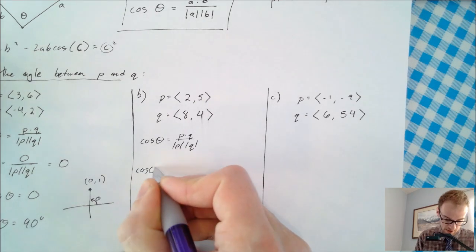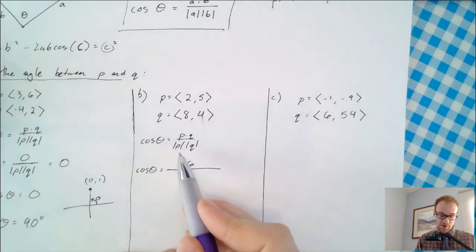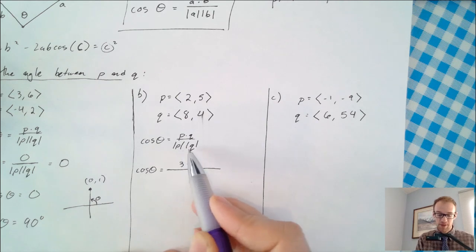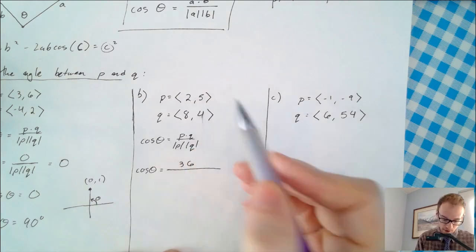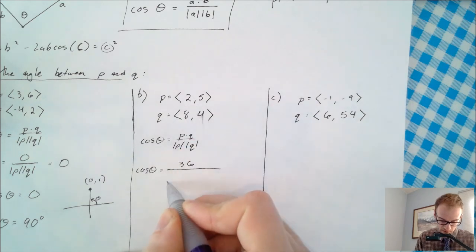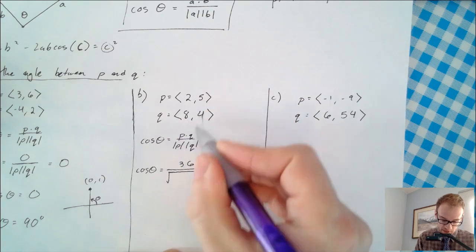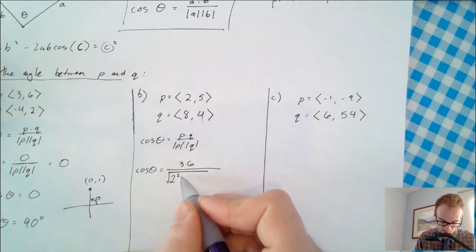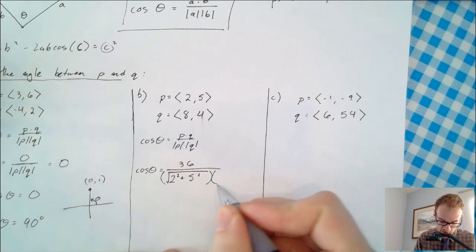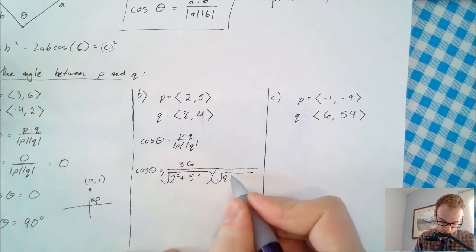So cosine of theta, P dot Q is 36 over, now we have to find the magnitude of P and the magnitude of Q. And if you remember how to find the magnitude of a vector, you just do the Pythagorean theorem on the two components to find basically the hypotenuse of each vector to get the length of each vector. So the magnitude of P would be the square root of 2 squared plus 5 squared times the magnitude of Q, which would be the square root of 8 squared plus 4 squared.